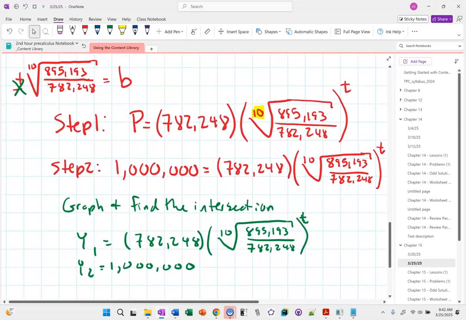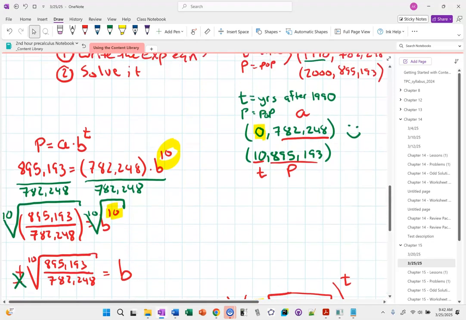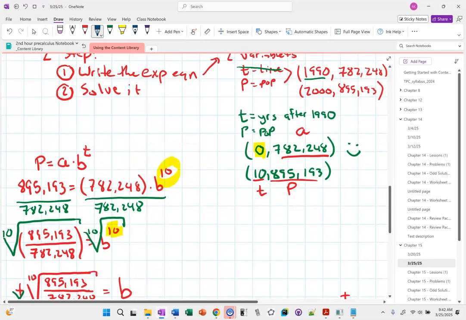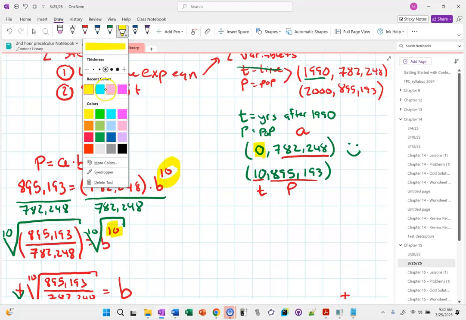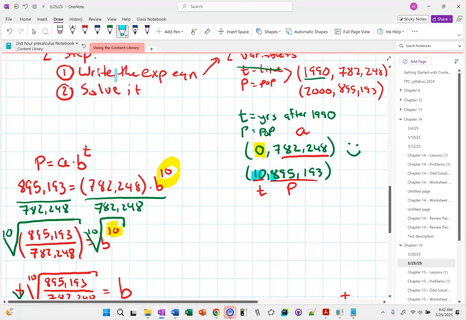Let's think about our x max now, because we're going to have to make a little bit of a guess. I know when t is 10, we're just short of 900,000. So in 10 years, we grew about 100,000 people. I would expect in another 10 years, we'd probably grow similar, about another 100,000 people.